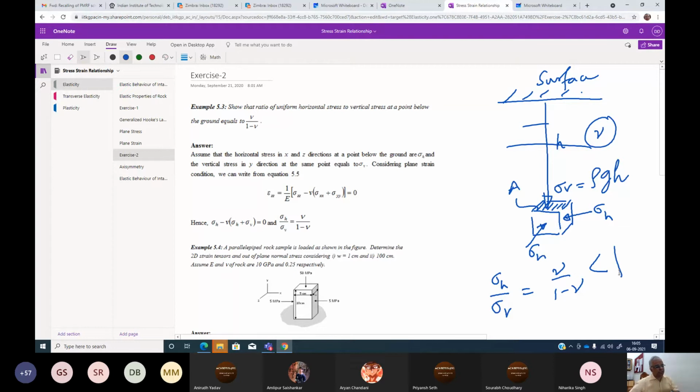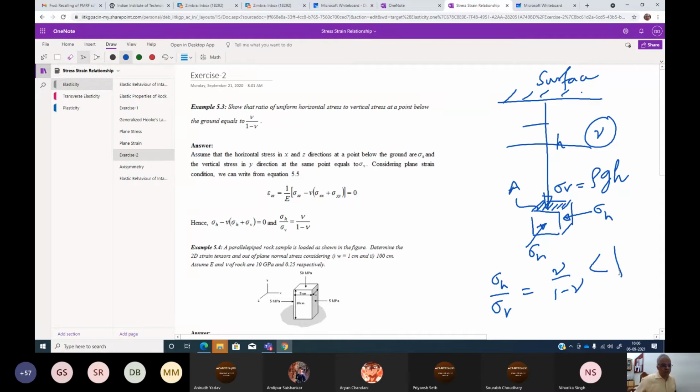But our density is much more. Okay, density we come to later, otherwise you will get more confused. So you understood this: for water, mu is 0.5.